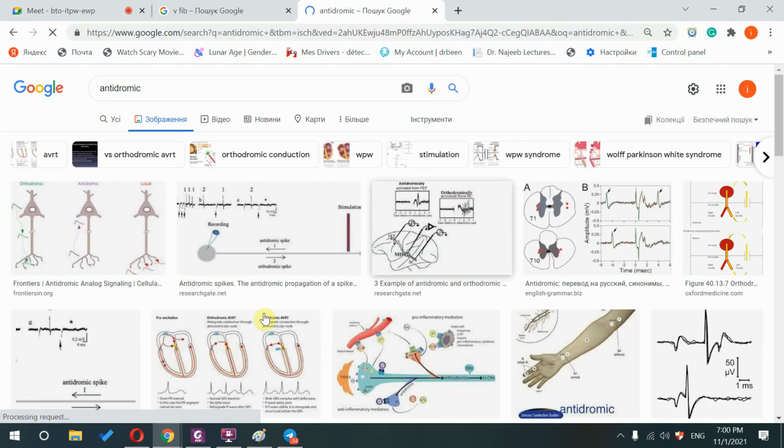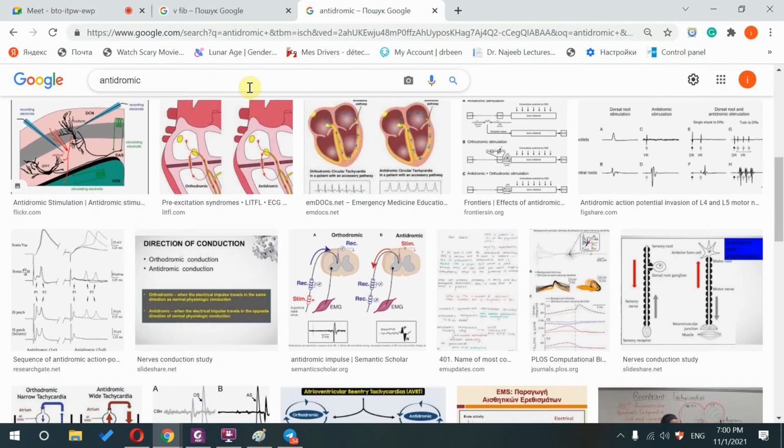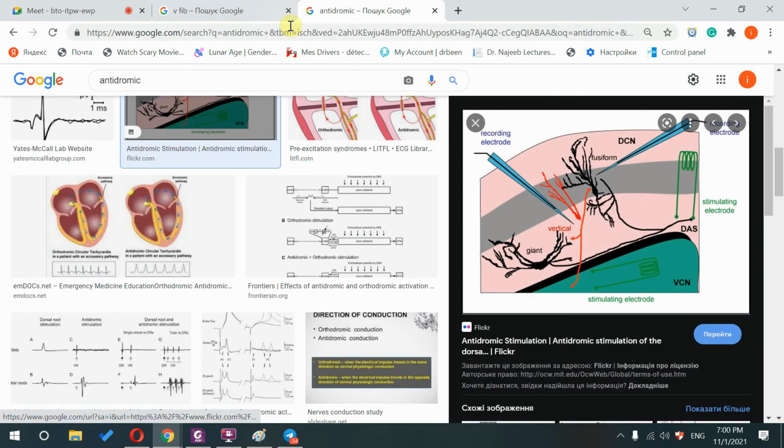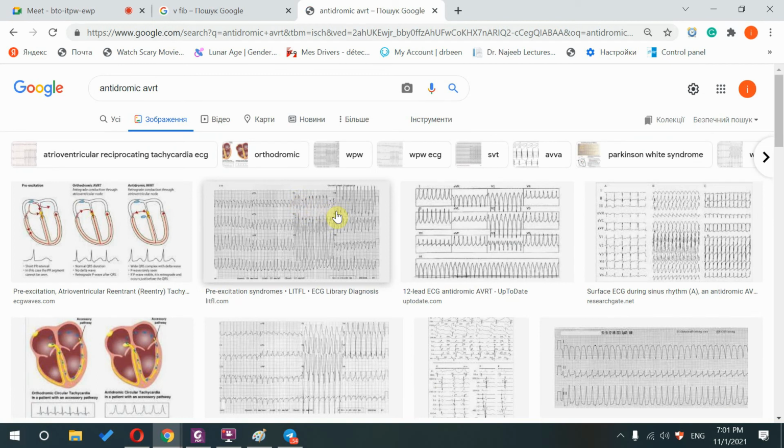Orthodromic. What about the antidromic? Someone asked because the ventricles are paced by the His bundle. Orthodromic.